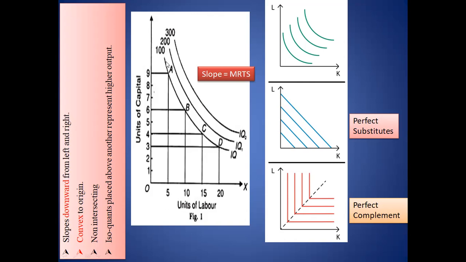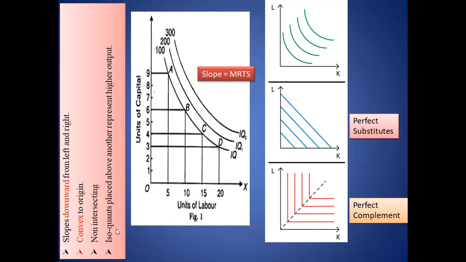So your isoquant is convex to the origin. Next is non-intersecting. If you plot three to four isoquants, they will definitely not intersect with each other. We can't say they will always be parallel to each other, but they will not intersect, that's for sure.